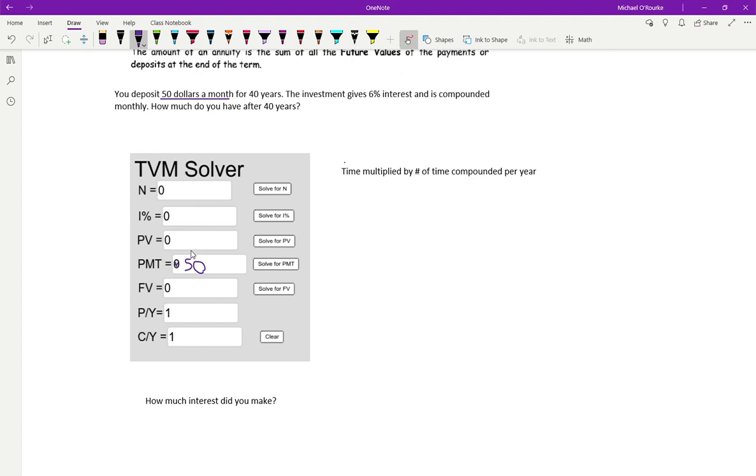Our payments per year, monthly, is 12. Okay, 40 years, I'm going to put that off to the side because this end number is time times compounding per year. So my time here is 40.